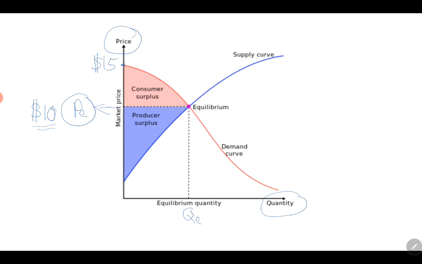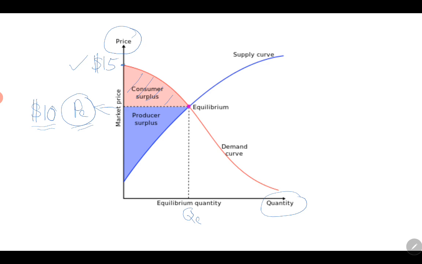So the difference is $5, right? So that $5 will be the consumer surplus. It is the monetary gain that the consumer gets because the equilibrium price is lower than the highest price they are willing to pay for the book.